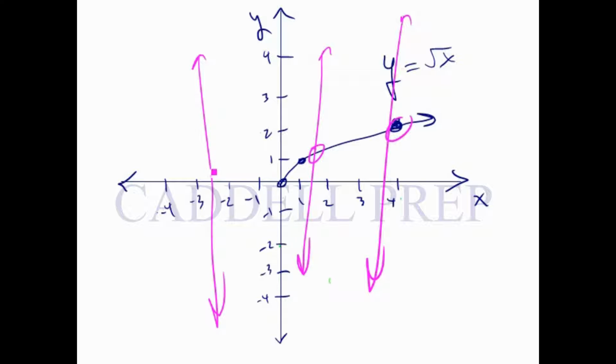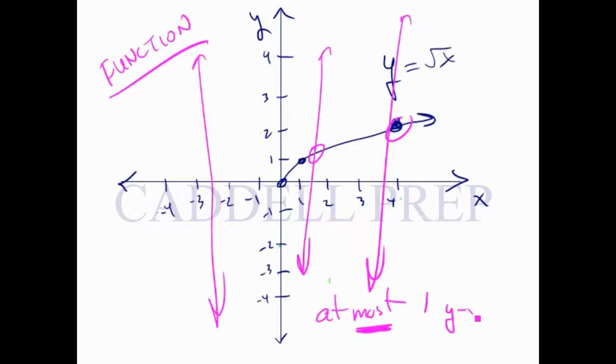It doesn't intersect anywhere. But the rule is that it can't intersect in more than one spot. It's okay if it doesn't intersect at all. This is a function, because the rule is that for each x value, you have to have at most one y value. So you could have no y values associated, but you can't have more than one, so this is still a function.